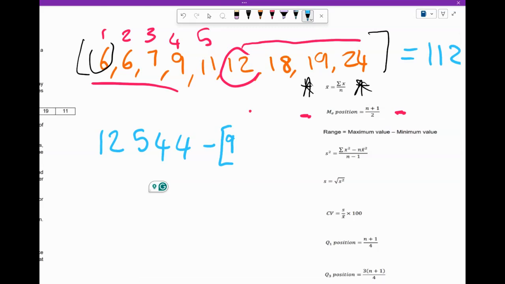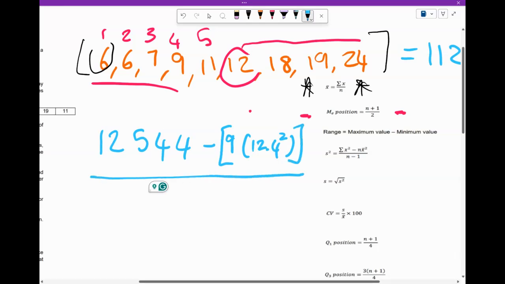So the mean, what was it again? It was 12.4 if I'm not mistaken. So 12.4 squared, okay? Right, then divided by n minus 1, we know n is the number of variables, so 9 minus 1.